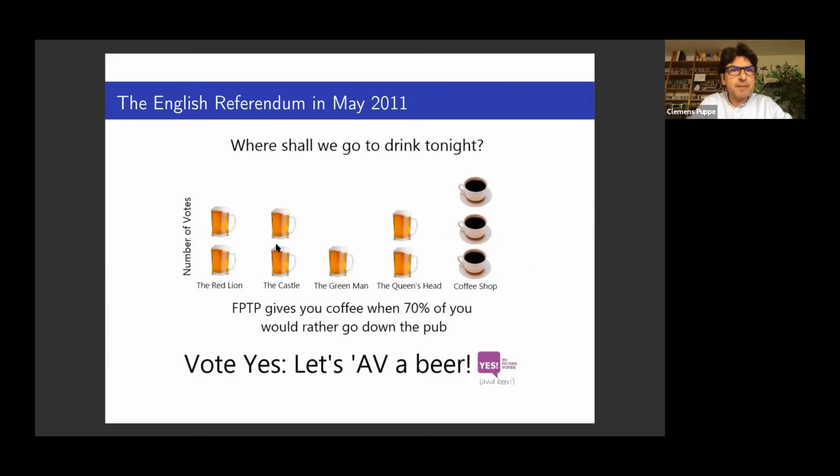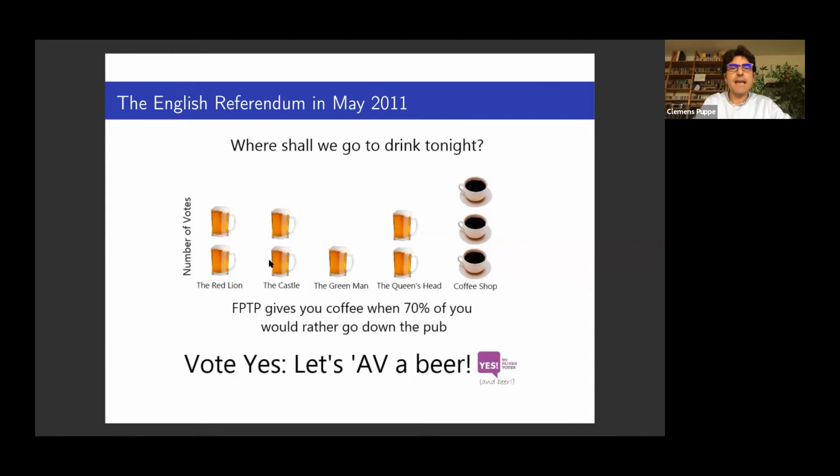And that's a problem in England, actually, where the seats in parliament are not representing the proportion of party supporters in the population. And you see why this can happen, right? I mean, these 30% are just the plurality here, because the beer drinkers cannot find a common compromise.